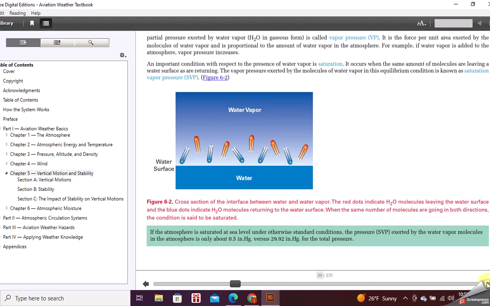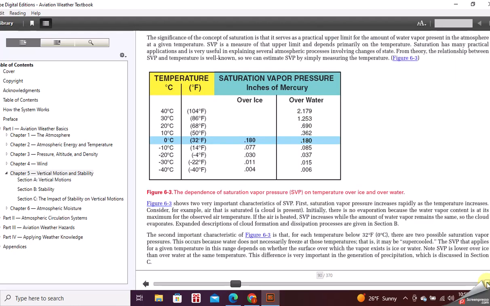Water vapor comes out of the surface of water, and here we can look at temperatures and saturation vapor pressures, which are just how much water vapor that air can hold. In other words, the colder the air is, the less water vapor it can hold. And yes, it is different over ice because ice doesn't have molecules moving as fast.